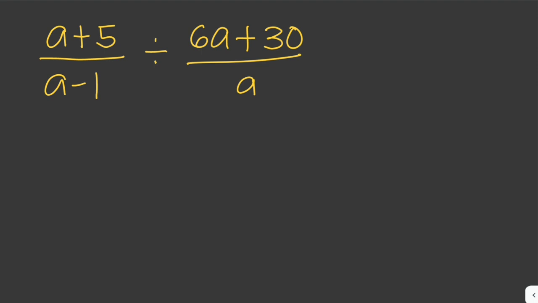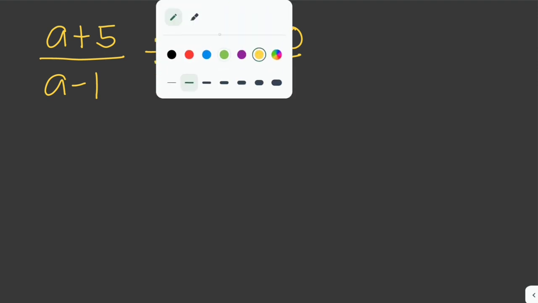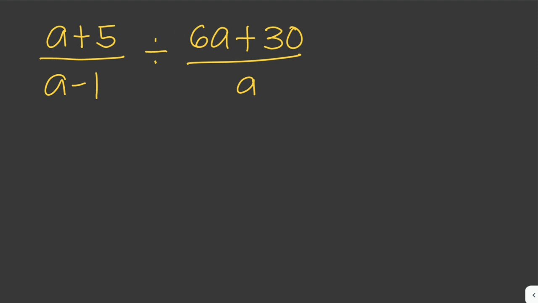So let's say we're given this problem here: a plus 5 over a minus 1 divided by 6a plus 30 over a. Let's check if there are expressions here that we need to simplify. A plus 5, a minus 1, and a are already in the simplified form.